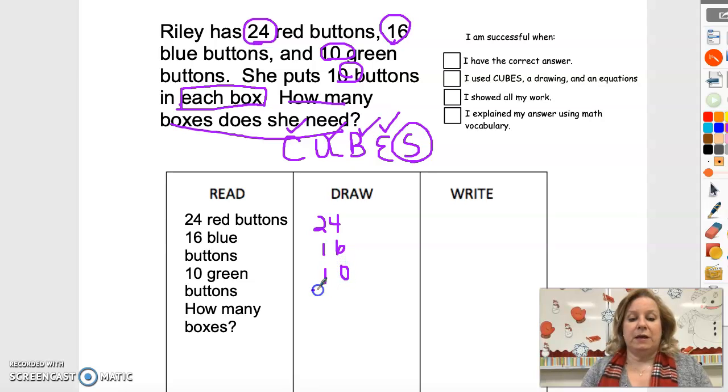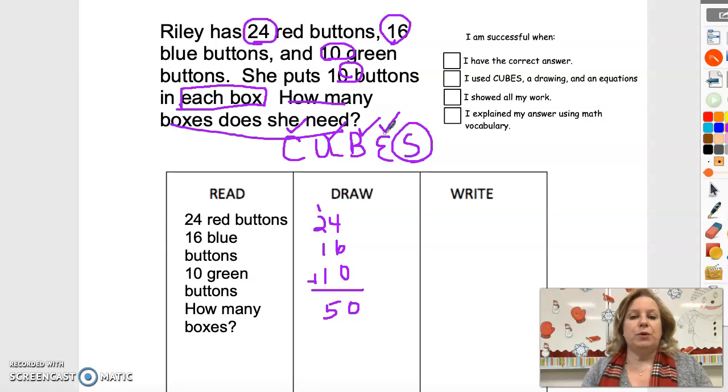And this is going to give me a total for all the buttons Riley has. We know 6 plus 4 is 10. We put the 0 in our 1's place and we carry the 1 into our 10's place. And then we have 2, 3, 4, 5. So now I know that I have 50 buttons. Riley has 50 buttons in total.